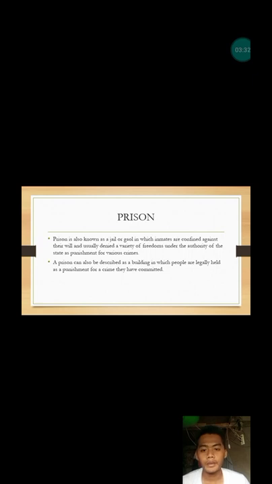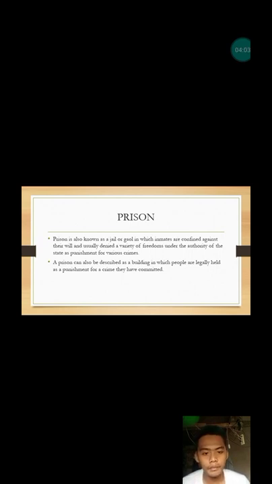Prison. Prison is also known as a jail or gaol, in which inmates are confined against their will and usually denied a variety of freedoms under the authority of the state as punishment for various crimes. So the prison is also known as jail or gaol, where the inmates are confined against their will.